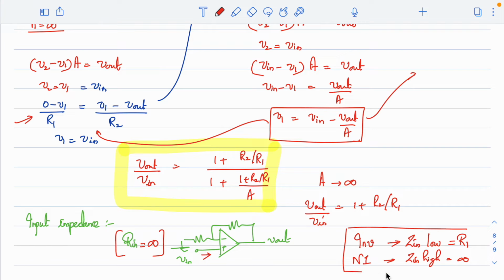So even though we have looked at the finite open loop gain case in non-inverting and inverting amplifiers, for at least this course, for the rest of the topics, we will always consider that A is infinity, which makes our analysis very easy by the virtual short property. So just keep this in mind: for the inverting amplifier, input impedance is low and equal to R1; for the non-inverting amplifier, it is high, equal to infinity. Alright, if you have any questions you can put them in the chat.